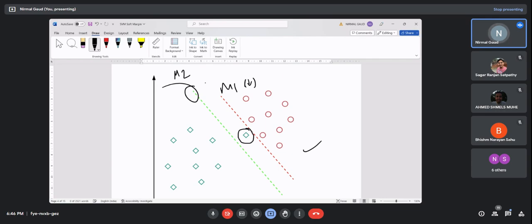You are making your margin wider, but you are having a mistake: one point is misclassified and will now be considered on the red side. If you continue this and more and more green points get misclassified, that's what they told, it's a trade-off between the margin and these errors. Margin and the error, it's a trade-off between these two.